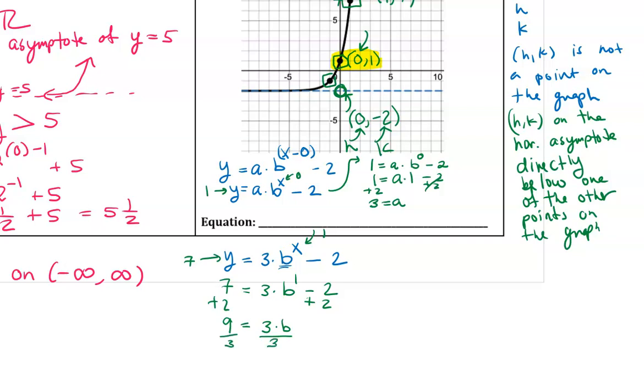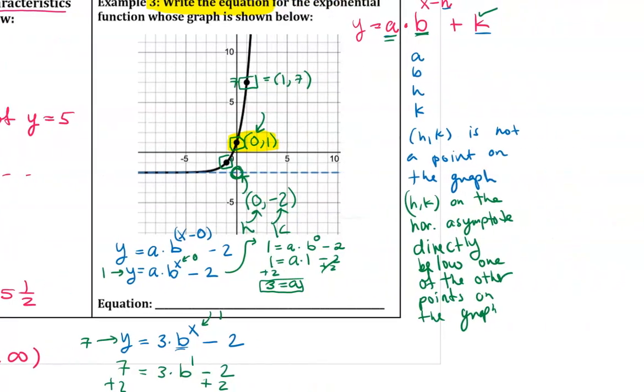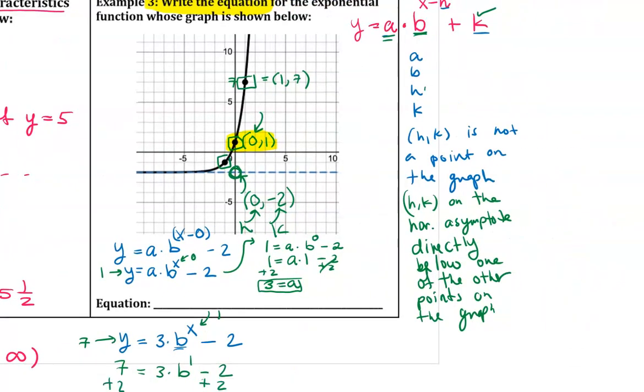So I divide by 3. So then b is also 3. So now I know everything. I know a is 3, I know b is 3, and I have h and k as well from allowing it to be this point that was on the asymptote and directly below this point right here.